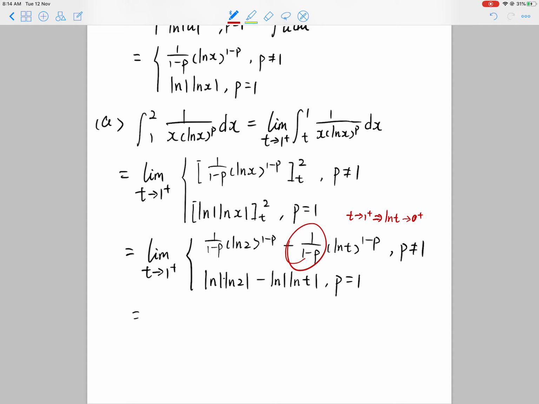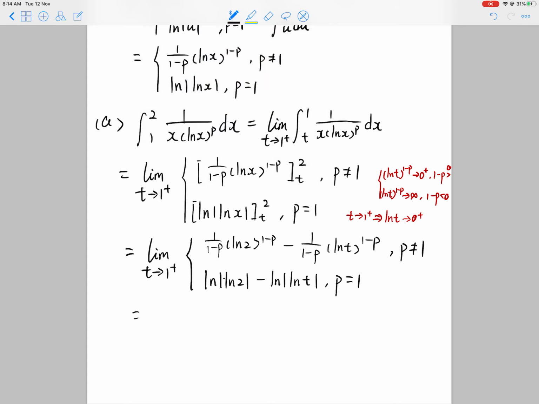So the only thing different is whether this 1 minus p is positive or negative. So ln t to the power of 1 minus p is going to approach 0 if this thing is positive. If this thing is negative, as you can imagine, the denominator is approaching 0, so it's approaching positive infinity if this power is negative.